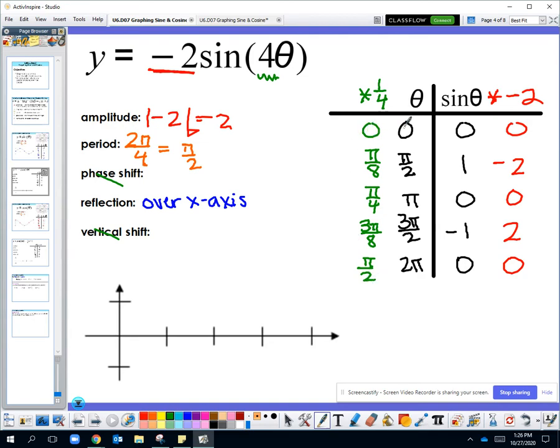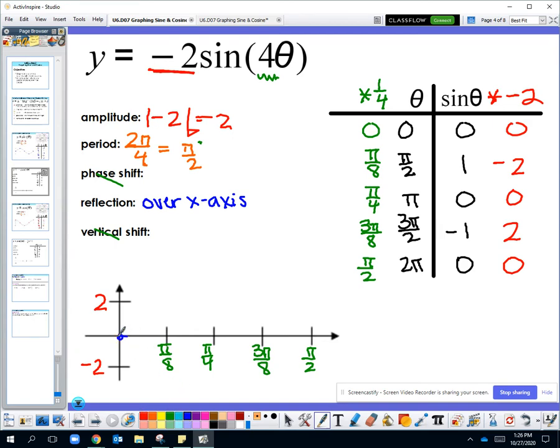You'll notice that we'll get one full period of sine from 0 to pi over 2, which is also our period. Then labeling my x-axis starting at 0, then we have pi over 8, pi over 4, 3 pi over 8, and pi over 2. My max and my min are 2 and -2 respectively, and then we would graph.